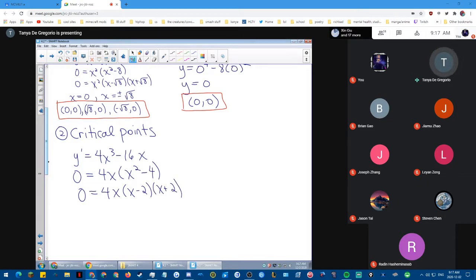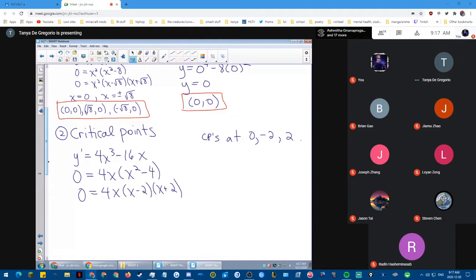So my critical points, my potential maxes or mins, I should say, are at x equals 0, -2, and 2. So what you can do at this point is sub these values in to get your y value. So now you're going to have 3 more points on your graph.